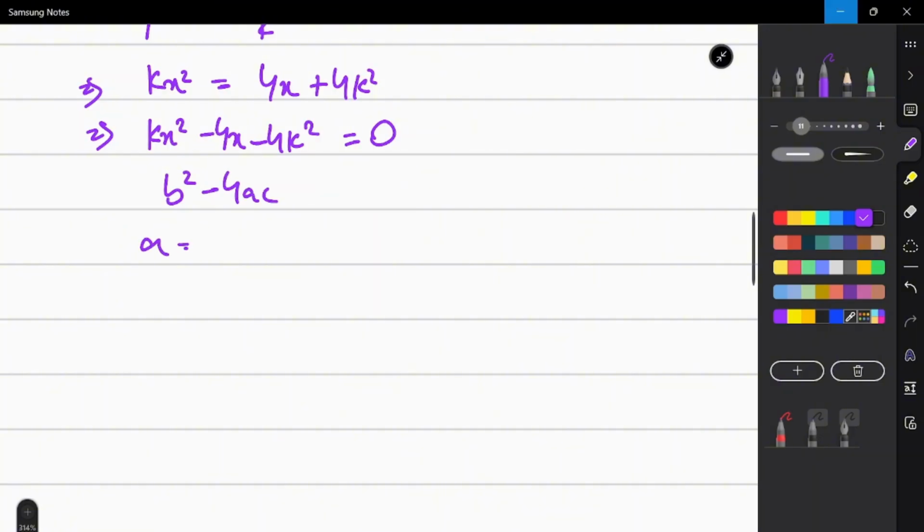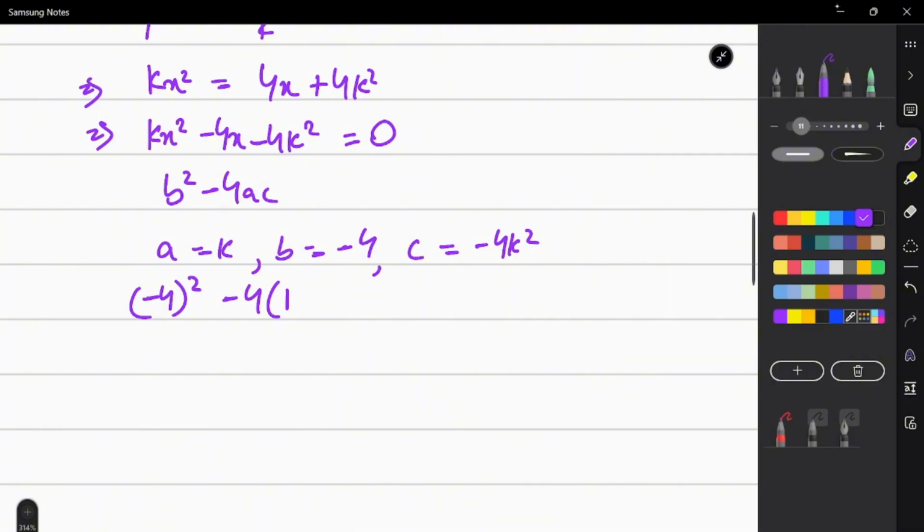So we're going to first label what we have. a equals k, b equals minus 4, and c equals minus 4k squared. So this is going to be squared, this is going to remain k, this minus 4k squared is going to be equal to 0.